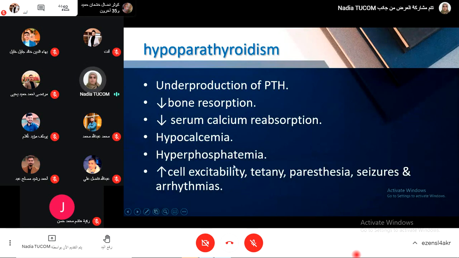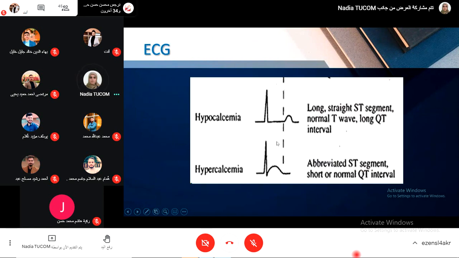What do you expect for calcium excretion, increased or decreased? Yes, hypercalciuria. There is no effect of PTH on the renal tubules to reabsorb calcium, so there will be hypercalciuria.